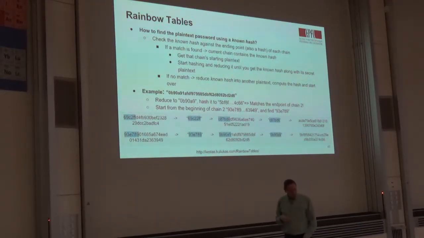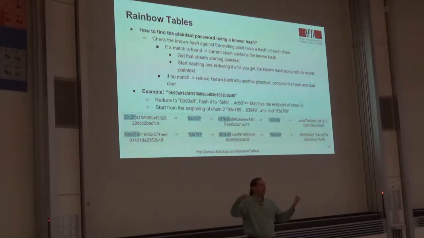But we don't have to do that. What we do is we take the hash of the password that we want to crack, and then we run it through the reduce function, and then hash it, and then we behave like we are creating a new row starting from the hash of the unknown password, building a whole potentially square root of n size row.